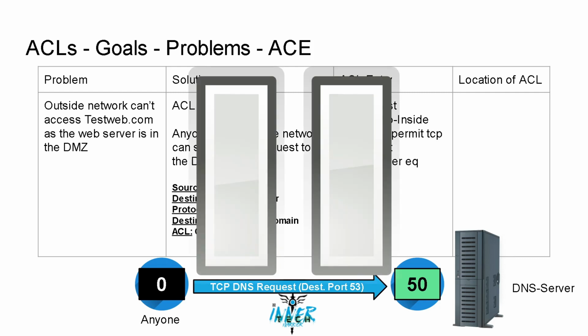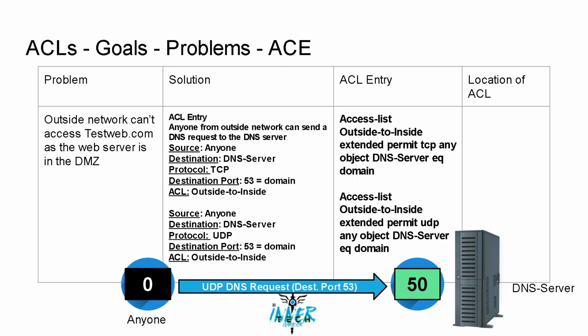Pause here and try to create the UDP DNS request ACL entry. The UDP version is access-list outside-to-inside extended permit UDP any object DNS-server equal domain.